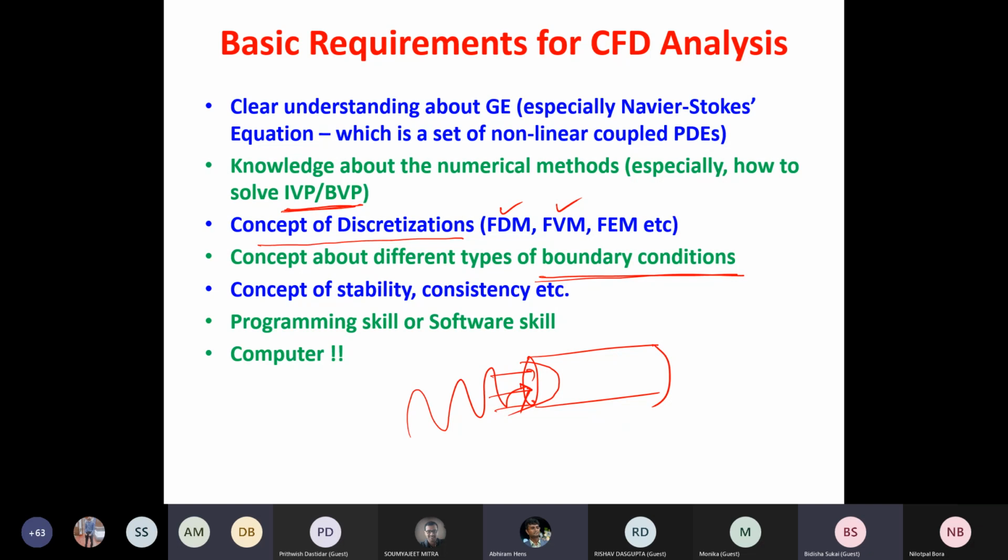So these are the basic requirements for doing a CFD analysis: clear understanding about governing equations, knowledge of numerical methods, concept of discretization, concept about different types of boundary conditions, a concept of stability, consistency, programming skill or software skill, and a computer. Now the configuration of the computer depends on what kind of systems you are handling.